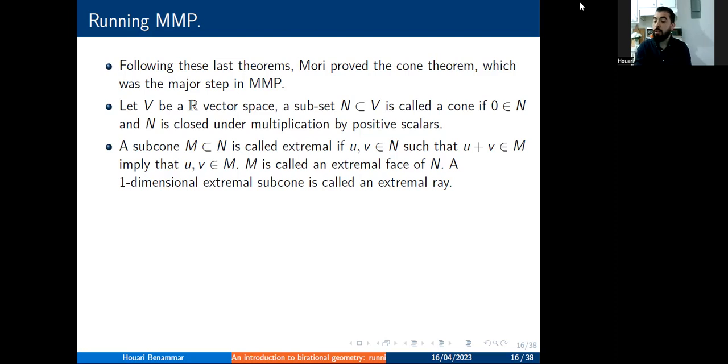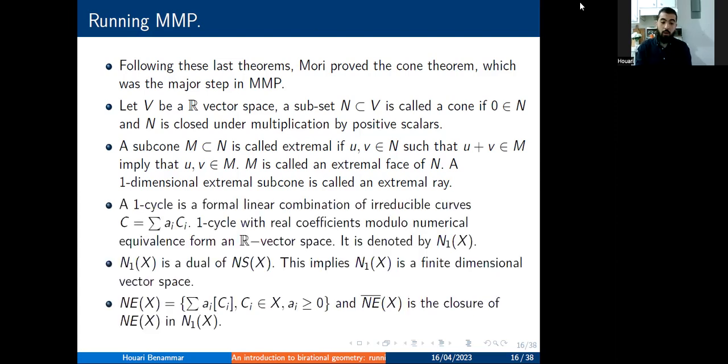So these extremal rays are very important for MMP in higher dimension. Okay, a one-cycle is a formal linear combination of irreducible curves. One-cycles with real coefficients modulo numerical equivalence form an R vector space, and it is denoted by N_1.